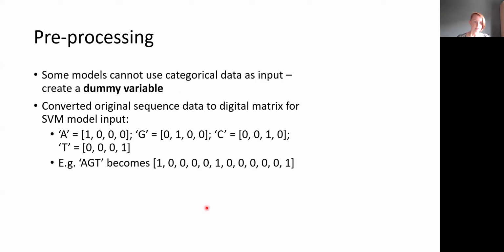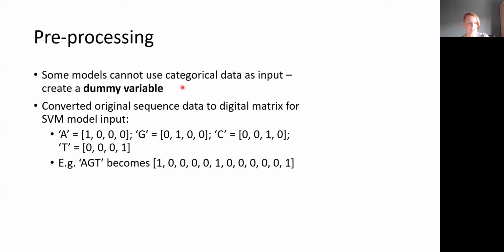So the first thing they did with this is to convert the categorical or sequence data to a dummy variable. Because some models can't use categorical data as an input, of which SVMs are one of those, we have to create something called a dummy variable. So we're essentially encoding our information into numbers, which is usually binary, so you'll become noughts and ones in your data.